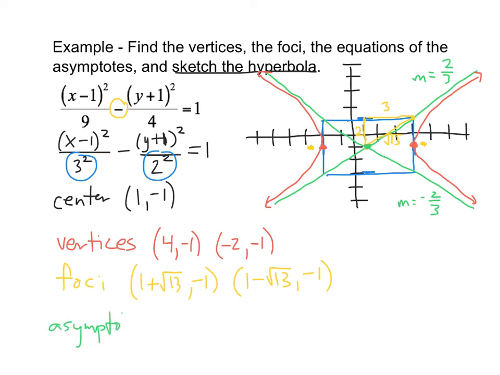If they ask you to write it in any other form, you could start with point slope form and manipulate from there. So our asymptotes end up being y minus the y coordinate, so plus 1 equals 2 over 3 times x minus 1, and y plus 1 equals -2/3 times x minus 1.